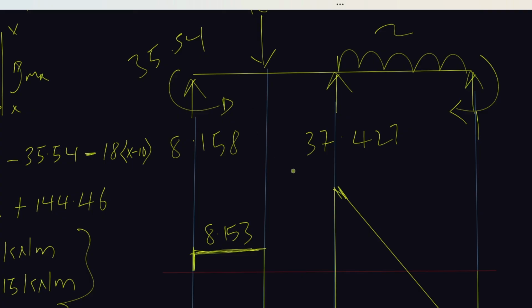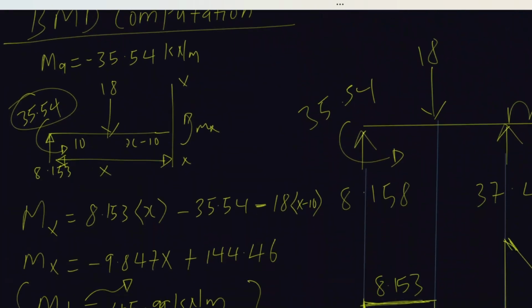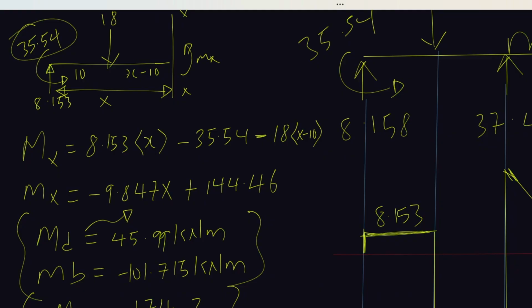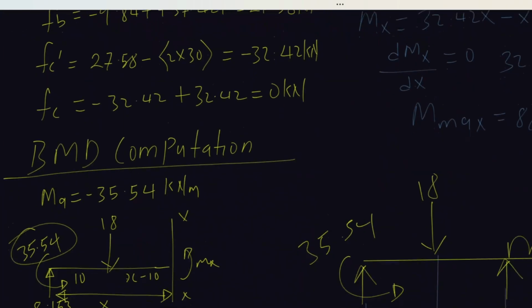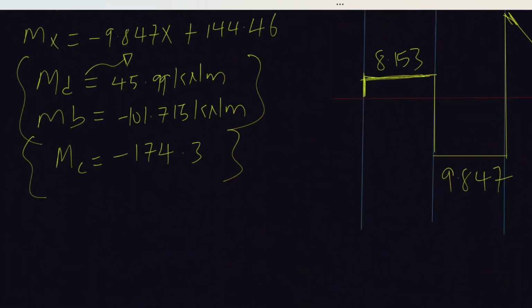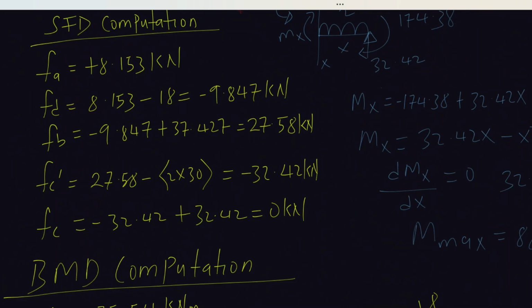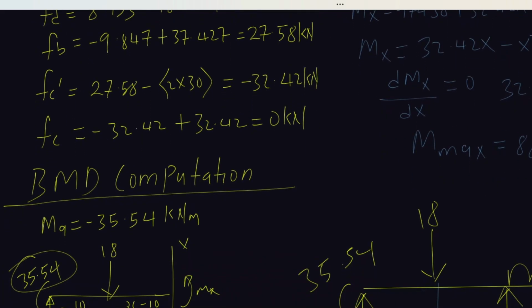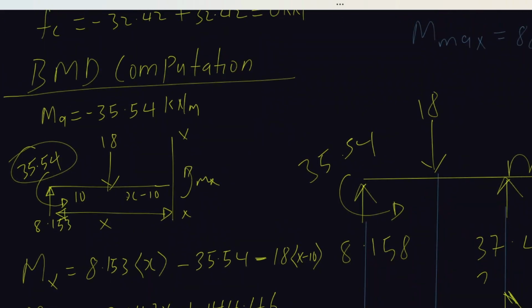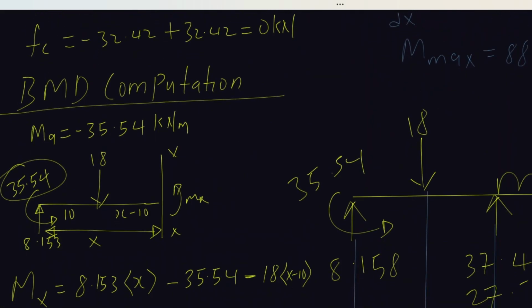So here is minus 9.847. Here is 32. B is 27.58.